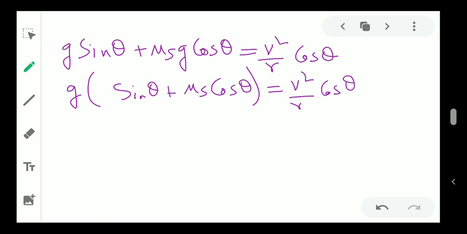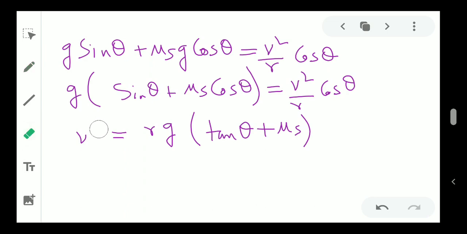And I can write v square is nothing but rg sine theta by cos theta, because I'm bringing this cos theta to that side, so it will be sine by cos, that is tan theta, plus mu s.